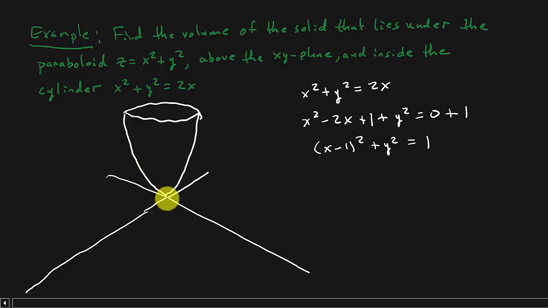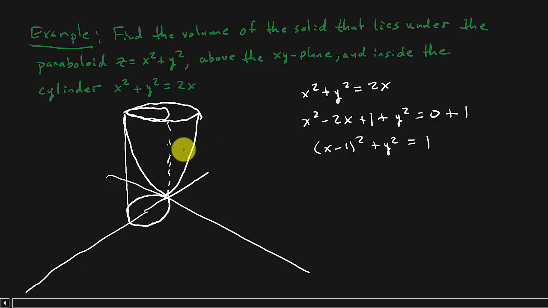So we've got a circle like this, and we've got the cylinder coming up like this right here. And so there's your cylinder. Find the volume of the solid that lies under this paraboloid above the xy plane and inside this cylinder here.